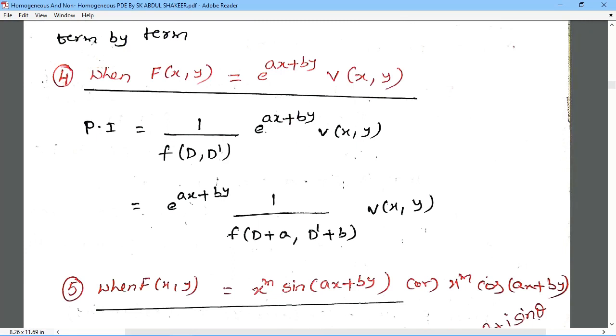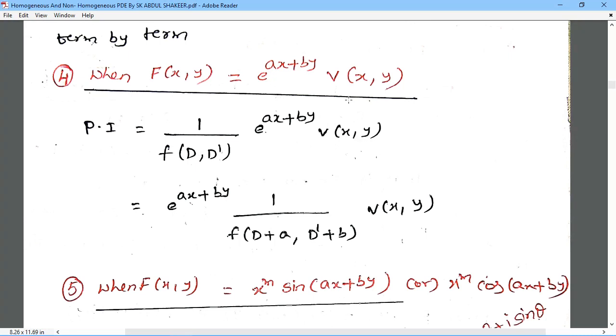So to find the particular integral in this case, we have to know the second case and the third case. Then only we can get the particular integral. Here V of x y should be a trigonometric function like sin of ax plus by or cos of ax plus by, or a polynomial in x and y.